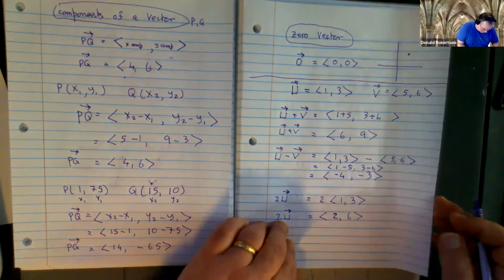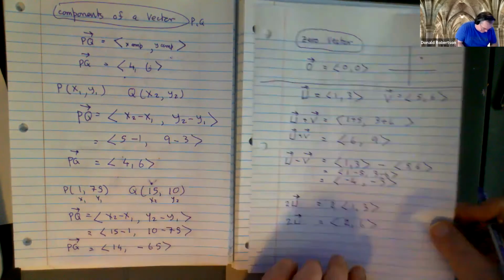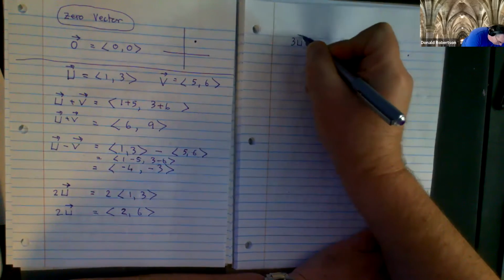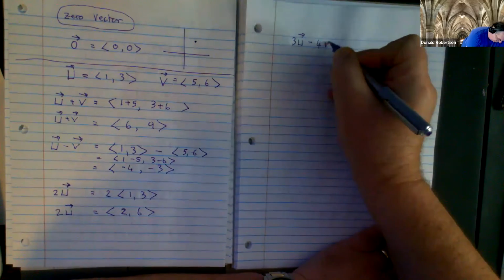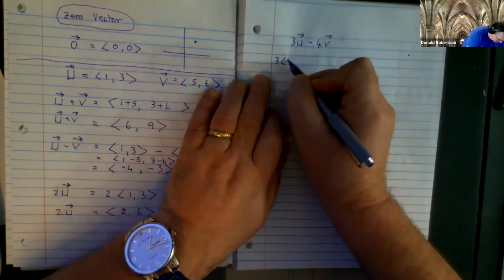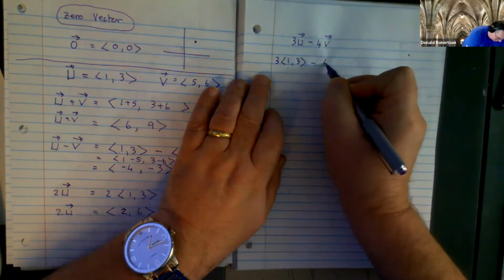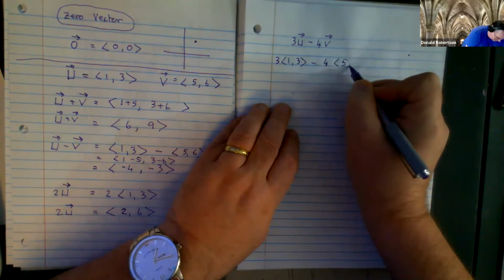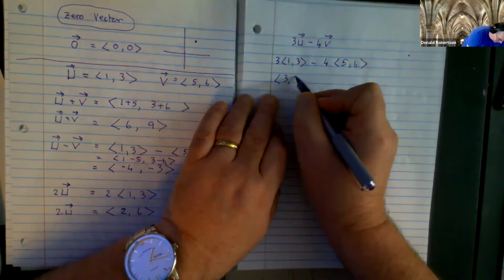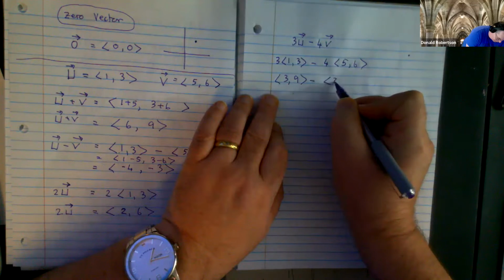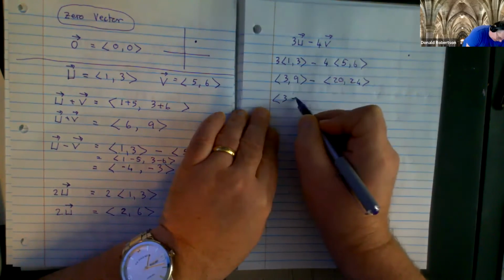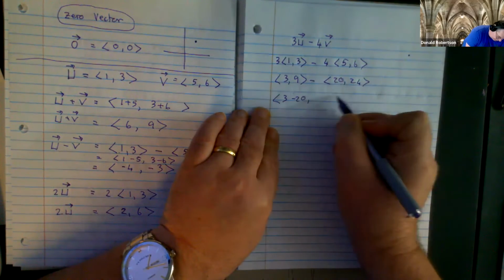You can continue that process and do it with a combination. I could say, well, what about that? That would be 3 times the vector u, take away 4 times the vector v. So treble that one, take away 4 times that one. And then 3 take away 20 and 9 take away 24.